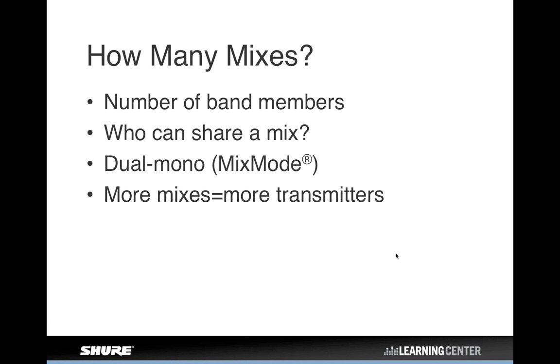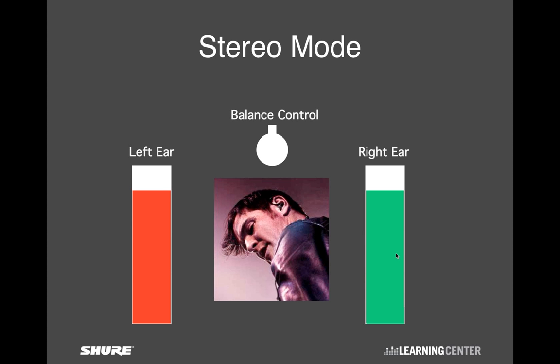There's two of them, right? And a stereo in-ear monitor system can certainly do that. It can broadcast a stereo signal, but instead of a left and right image of the same thing, what if the left and the right were two totally different things? If you did that in this dual mono mix mode capability, you can actually use one transmitter to put up two mixes. So let's see how that works.